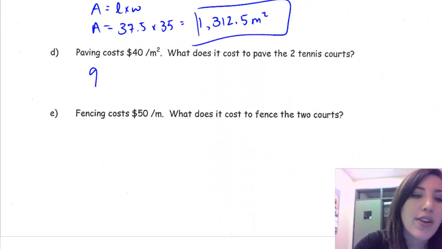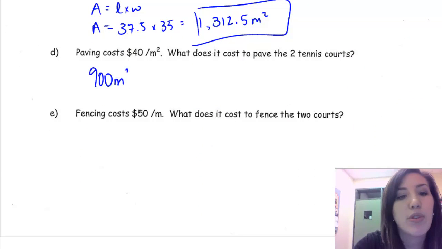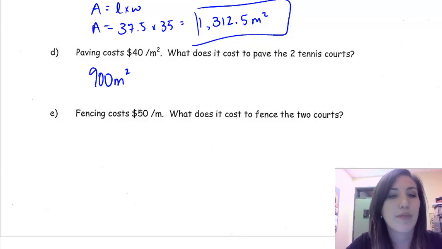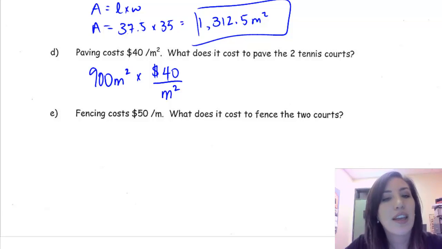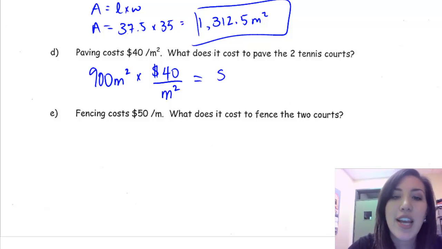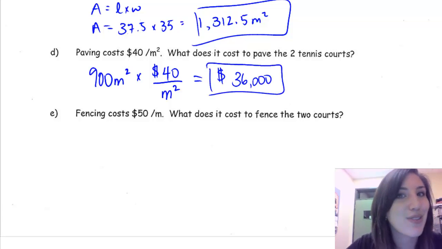Now, it's going to cost us $40 per meter squared. So if we times 900 by $40 each of those meters, then we get a very expensive cost of $36,000 to pave the tennis courts.